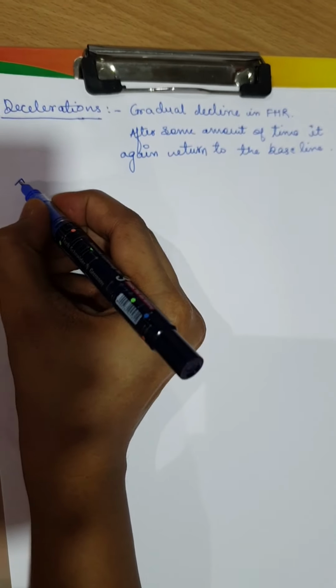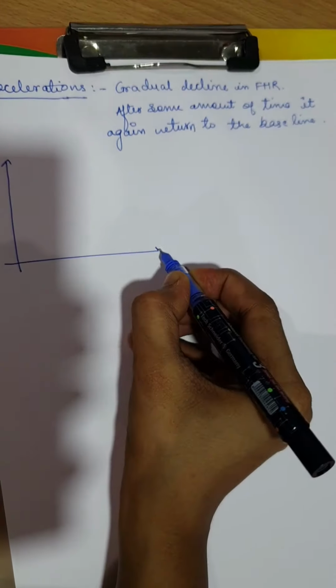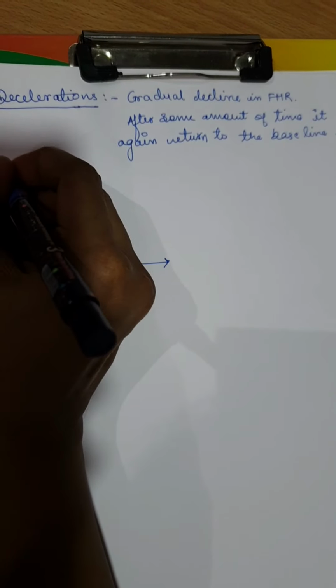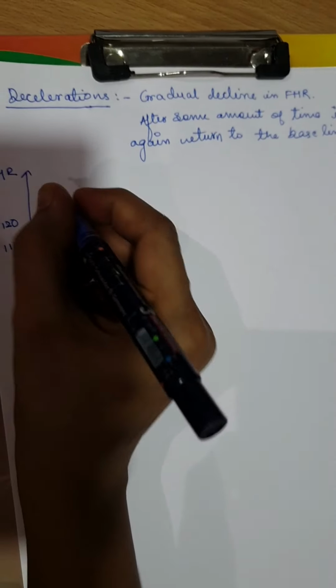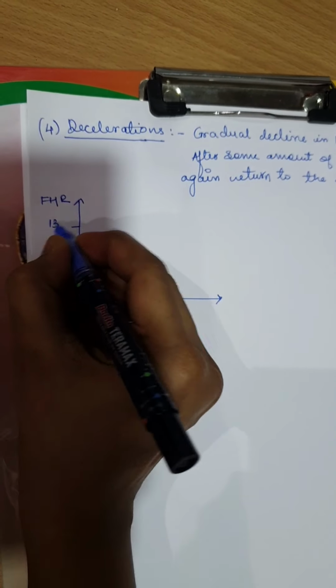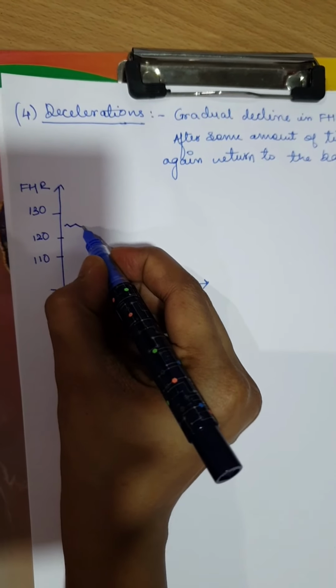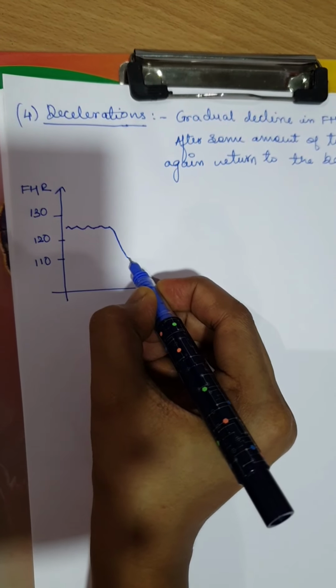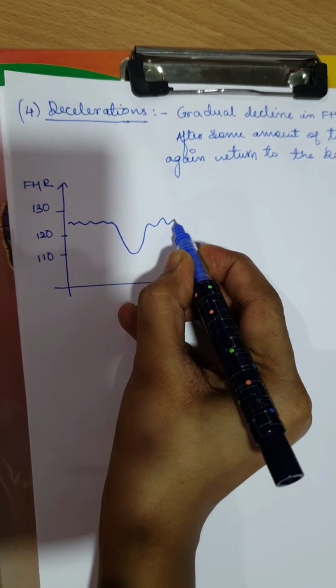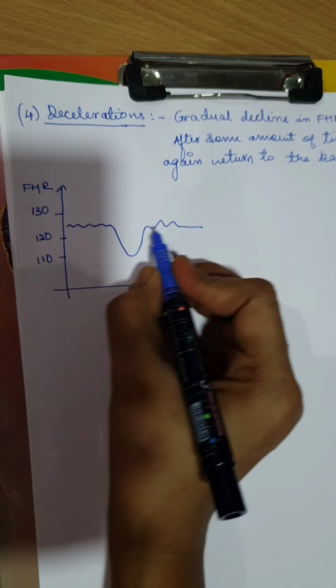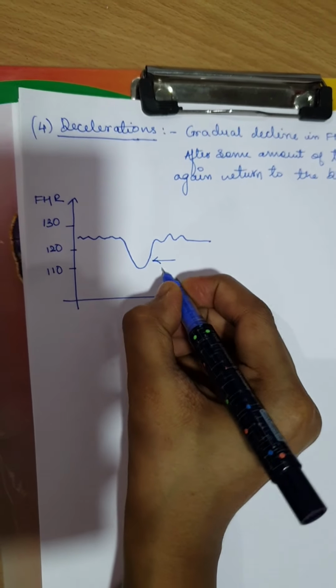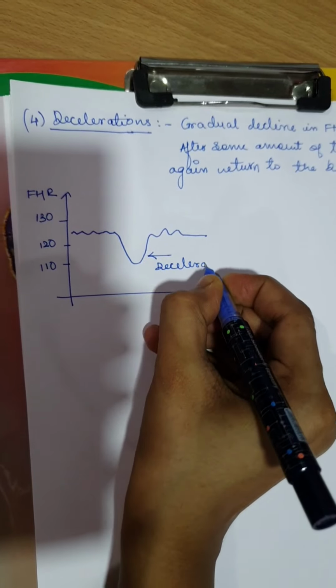So if this is the graph of fetal heart rate, this is 110, 120 and 130, and if this is the baseline, we see a gradual decline, and then again it comes back towards the previous baseline, and this is called a deceleration.